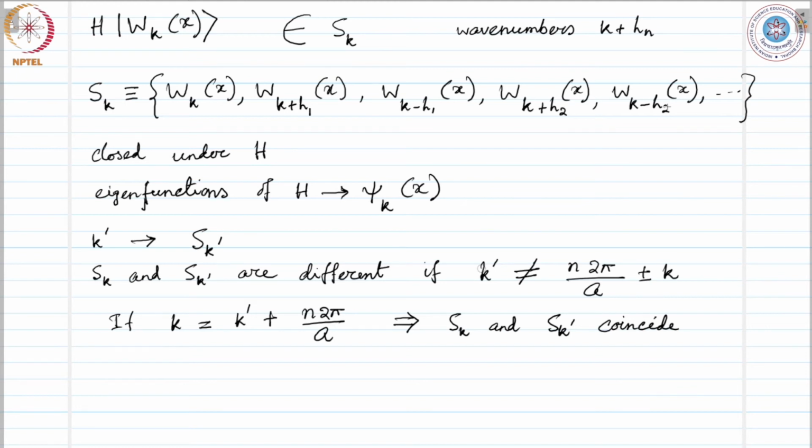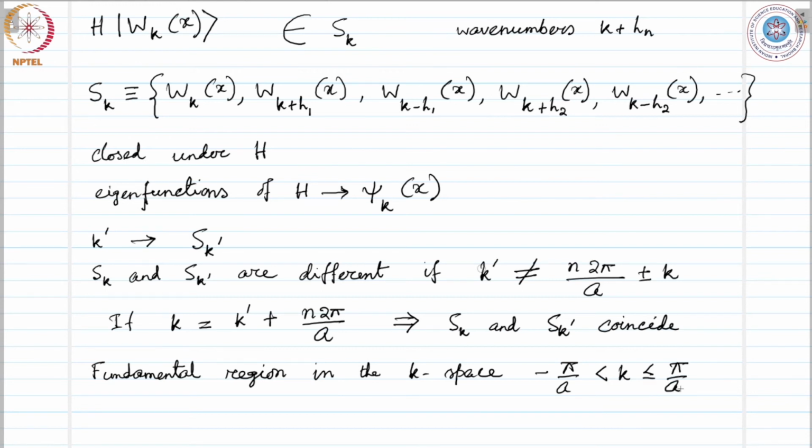Now, the fact that they coincide allows us to define a fundamental region in the k space, which is minus pi over a less than k less than or equal to pi over a. This is the fundamental region.